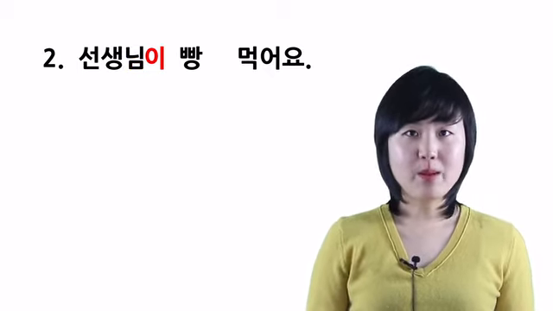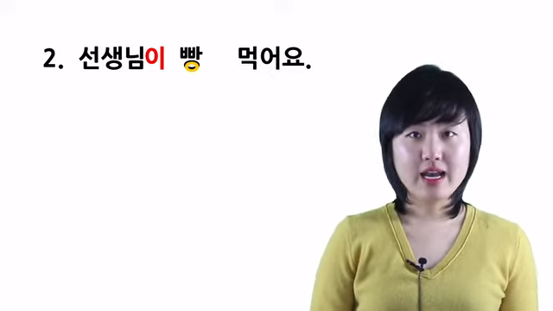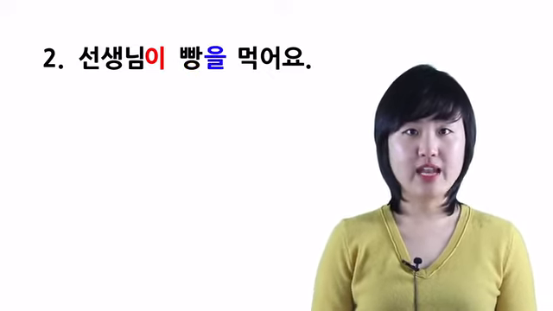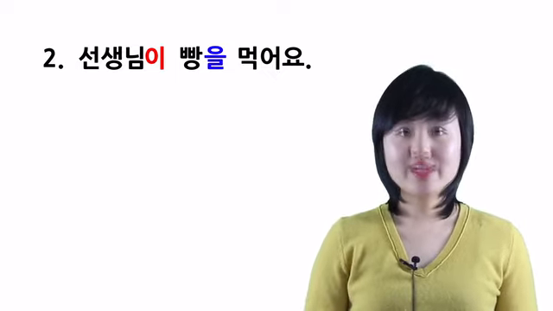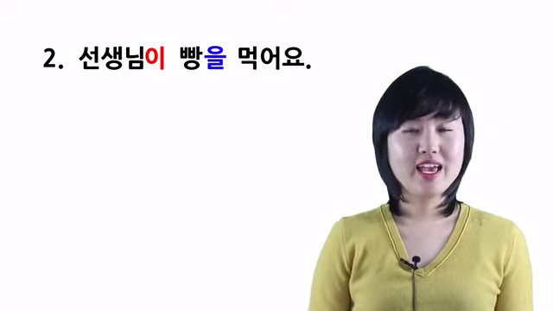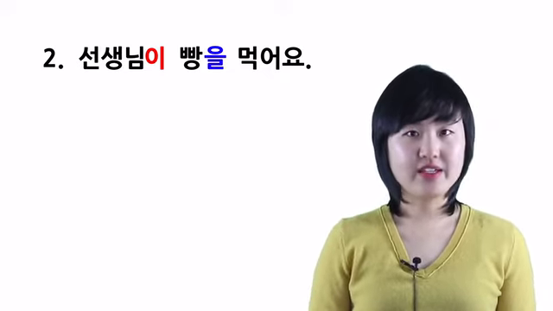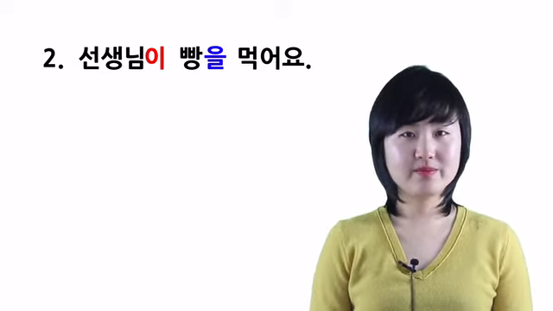Also, because 빵 is used as an object in a sentence, I'm going to add 을 to the noun 빵. Then the sentence becomes 선생님이 빵을 먹어요. As you see, it is obvious that the teacher is the subject and he or she is eating bread.